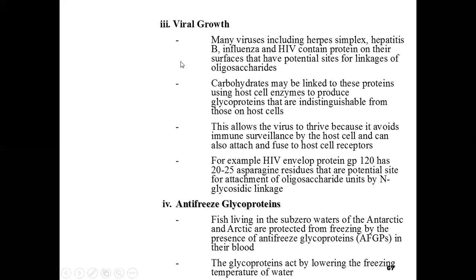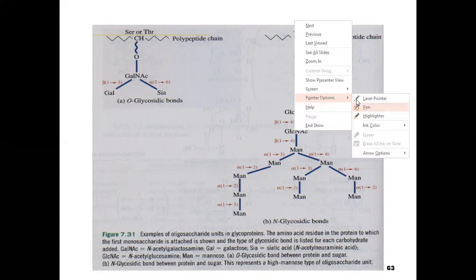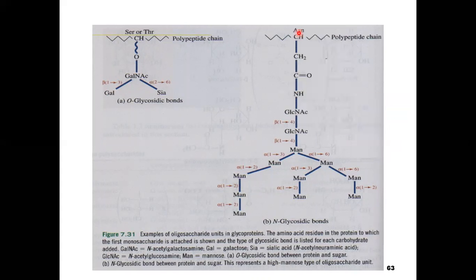So we can take the example of the HIV protein gp120. It contains 20 to 25 asparagine residues. And we know here that asparagine is the site where the other monosaccharide units can be attached.